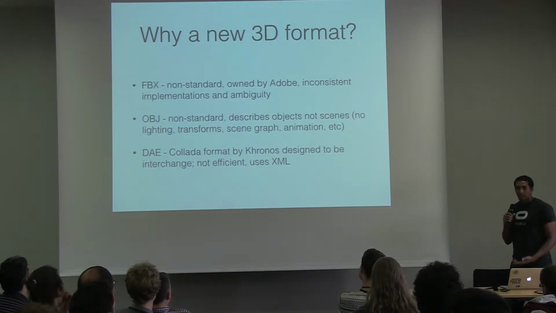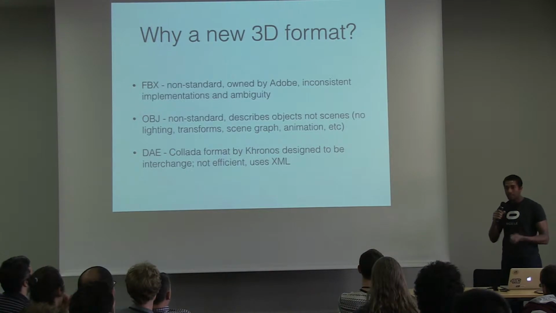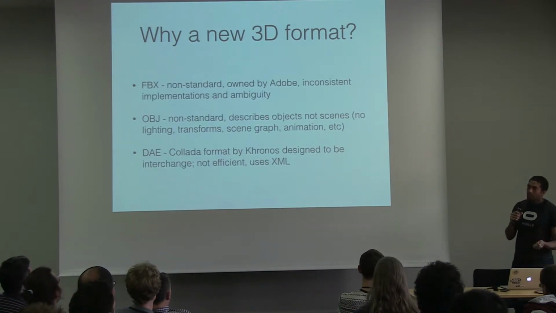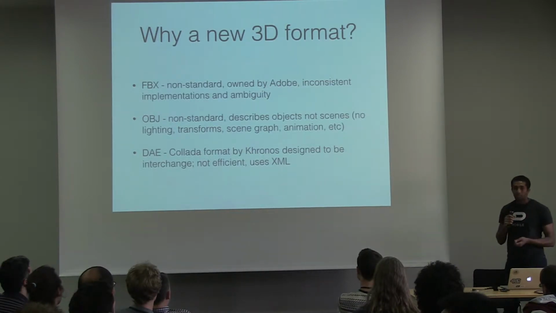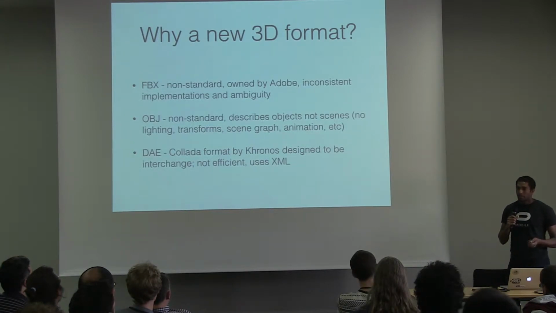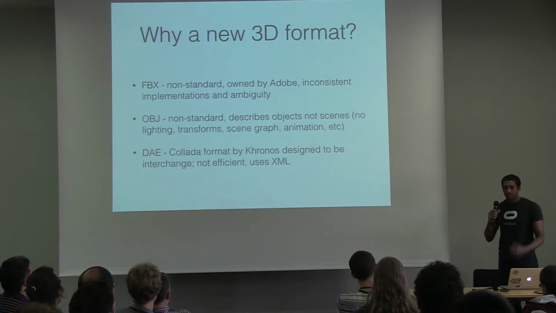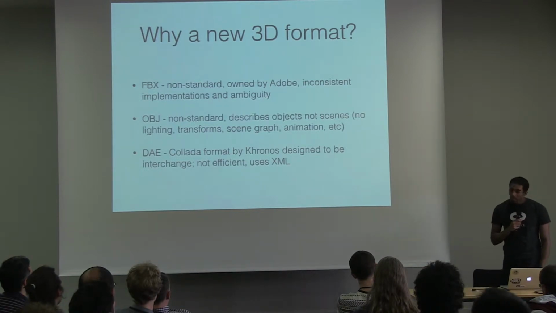And there's ambiguity because they don't have a standard, so the implementations are inconsistent. You might have one implementation interpret your file one way, and another interpret it another way. And then of course it's not extensible, because it's extensible by Adobe, but not by you, and you have to use their SDK, and then there's licensing issues you have to worry about.